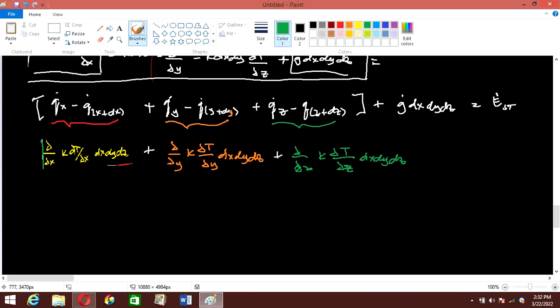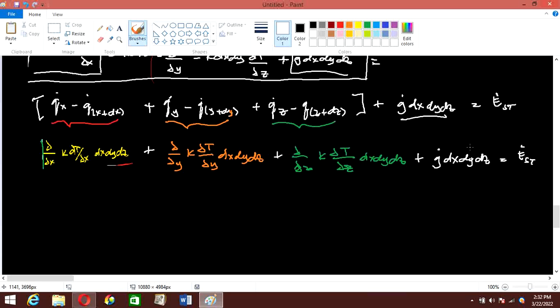Okay, and then plus this part, which is the heat generation. So we have g dx dy dz, then equal to energy stored.